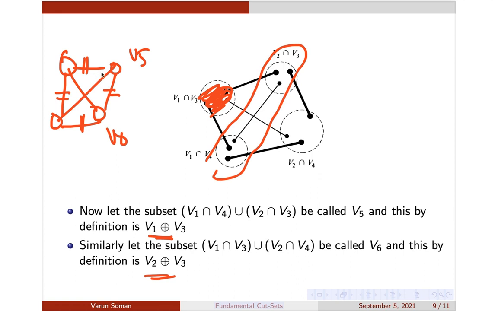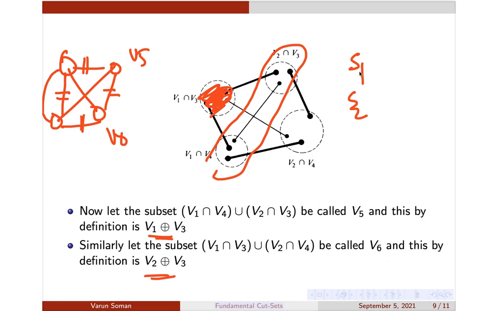Why? Because we have obtained this ring sum from the cut sets S1 and S2. Removal of S1 will disconnect the graph into two, and removal of S2 also will disconnect the graph into two. So all the edges which disconnect the graph are accounted for in S1 and S2. If there were any other edge connecting V5 and V6, it should have occurred either in S1 or S2.